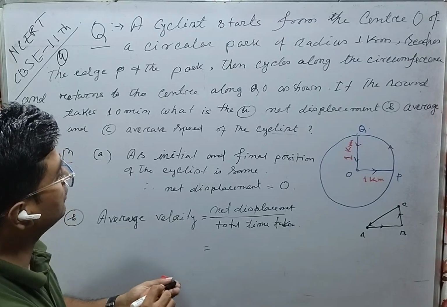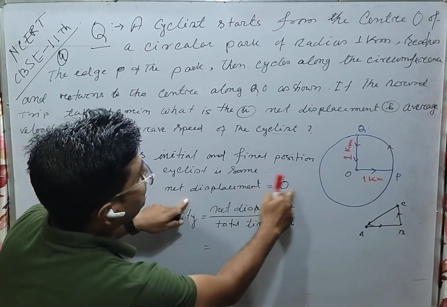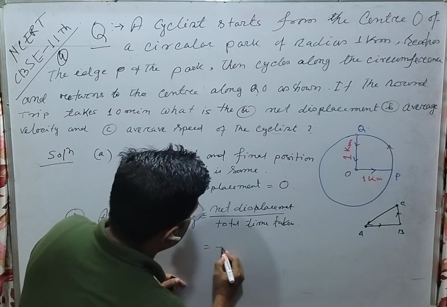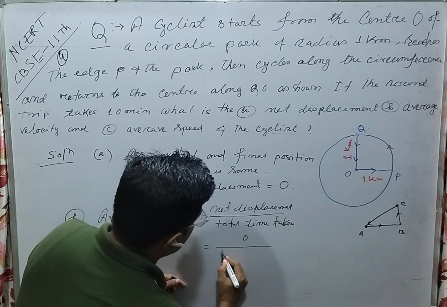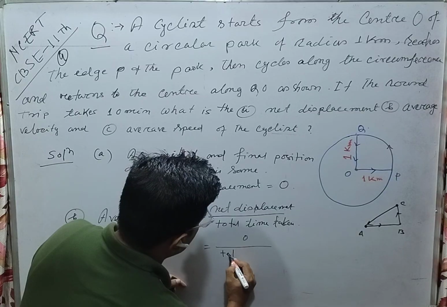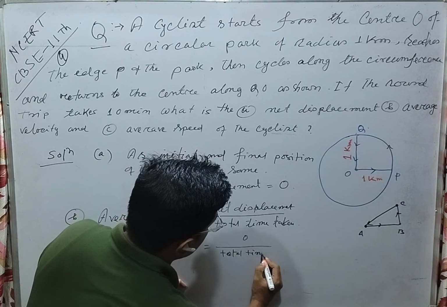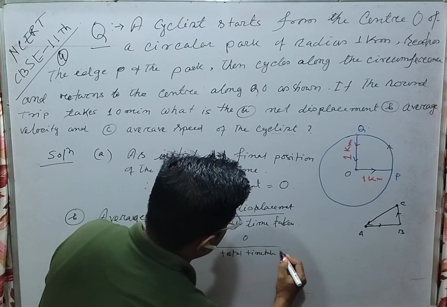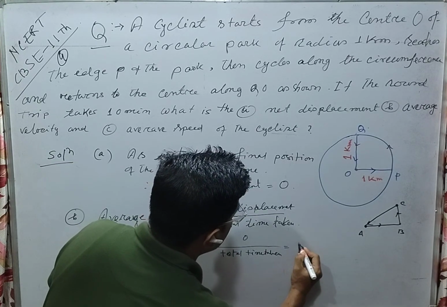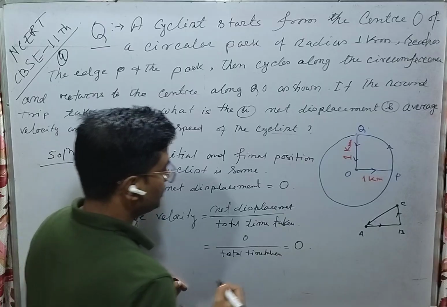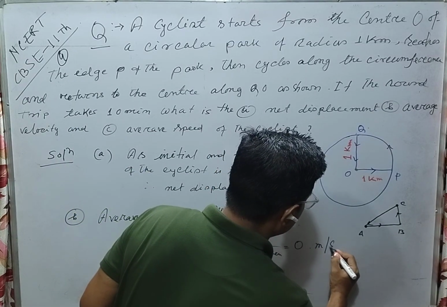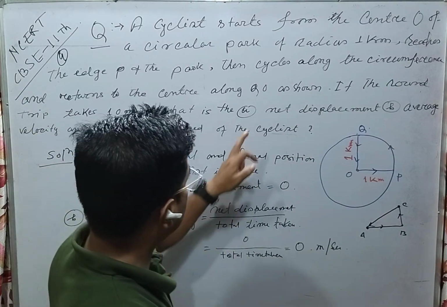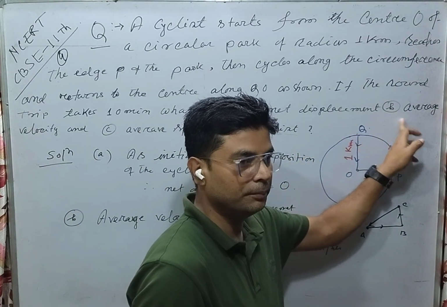Here, students, the net displacement of the journey is 0. So substituting net displacement 0, and total time taken is 10 minutes, the average velocity is 0 meter per second. We have already solved question number A and question number B.